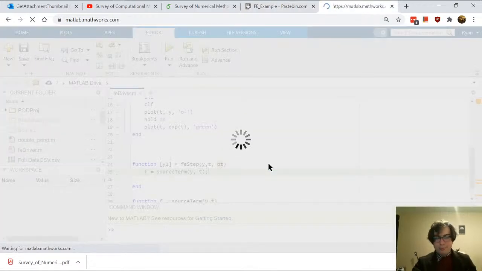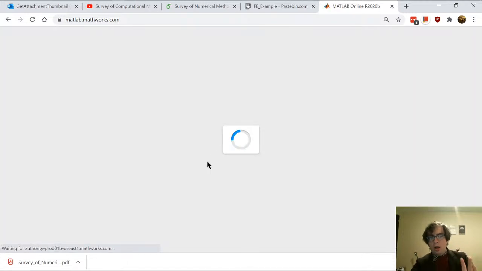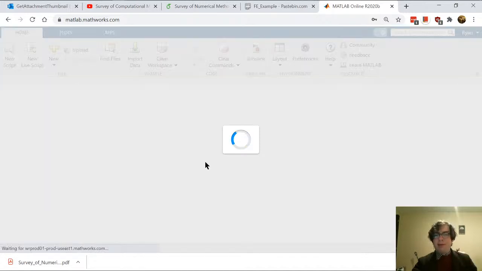Let me click resume. And I've plugged in essentially all of the initial conditions, all the plotting routines, all the driver functions and all. So all you need to do if you get that code I've given you in the paste bin to work is essentially to plug in the forward Euler method, all right?